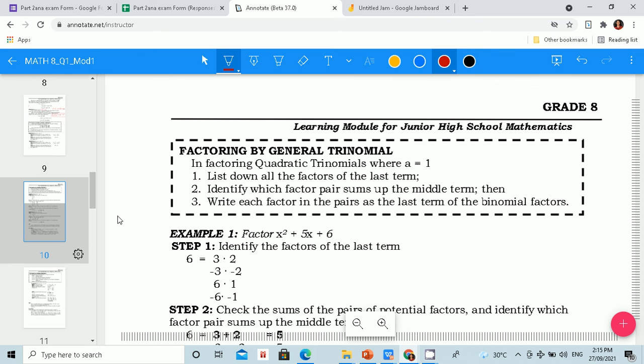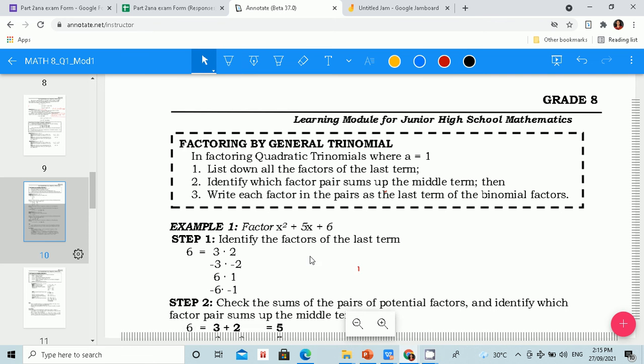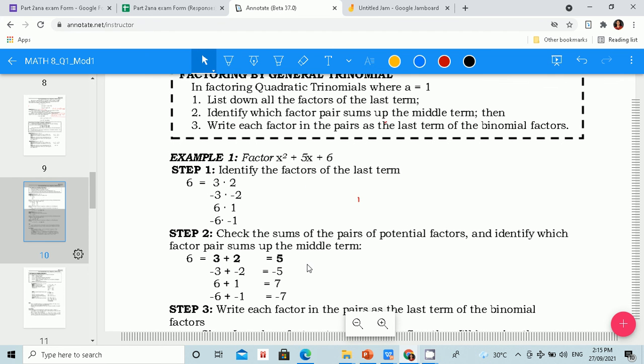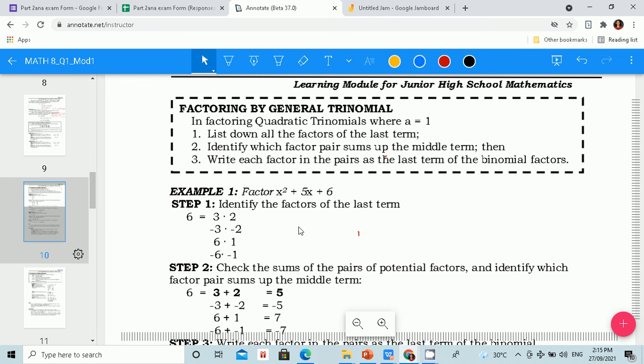Now let's go to factoring trinomials. In factoring quadratic trinomials where a is equal to 1, list down all the factors of the last term. Identify which factor pair gives the last term of the binomial factors. Okay, we have the general trinomial.